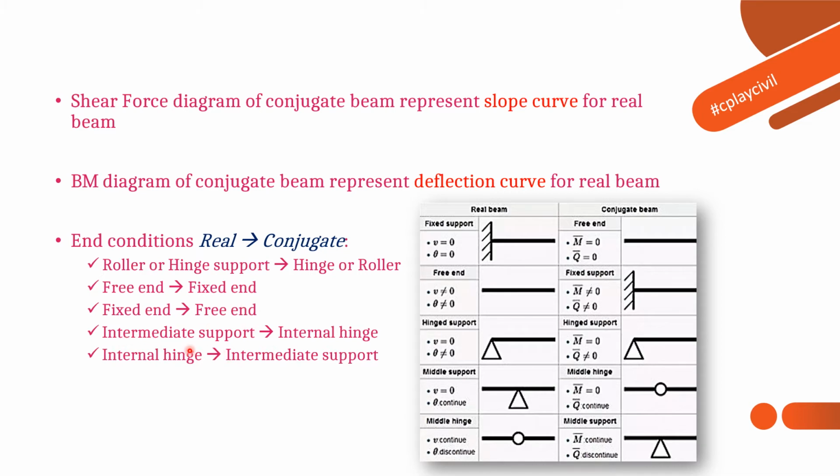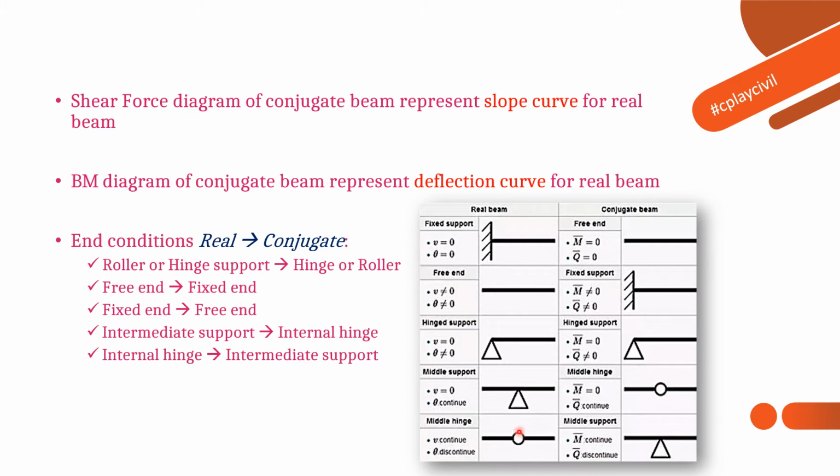And if the beam has an intermediate support, here you can see this is the intermediate support in between the beam, then we have to transform it into an internal hinge to form the conjugate beam. If we have an internal support or intermediate support, then that intermediate support has to be transitioned into an internal hinge in the conjugate beam.